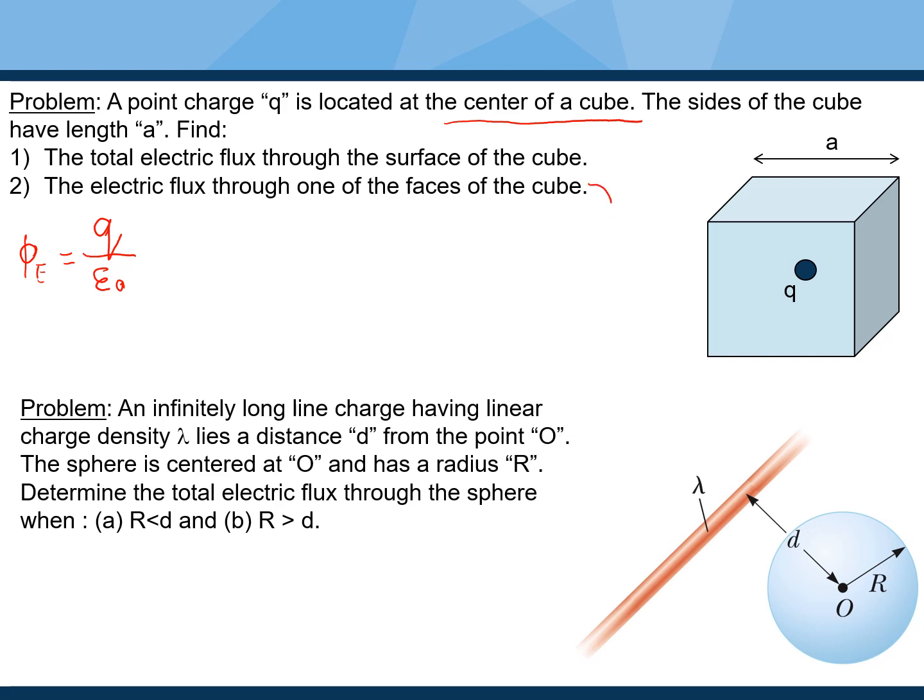And so the answer to the second part is that we take the flux that we got in the first part and just divide it by 6. So Q over 6 epsilon naught gives us the flux through one face of the cube.